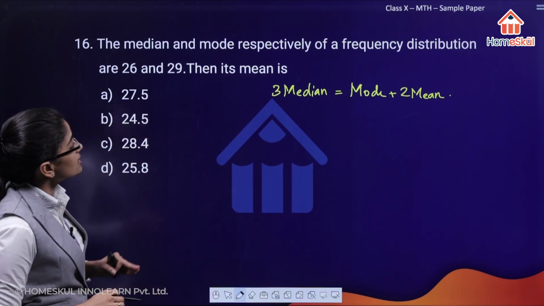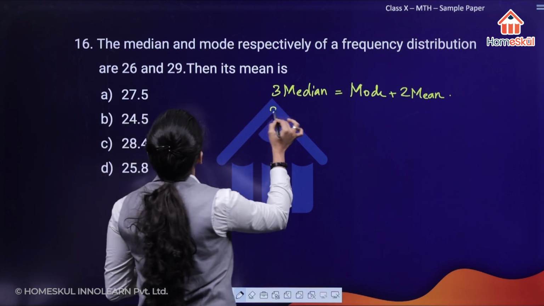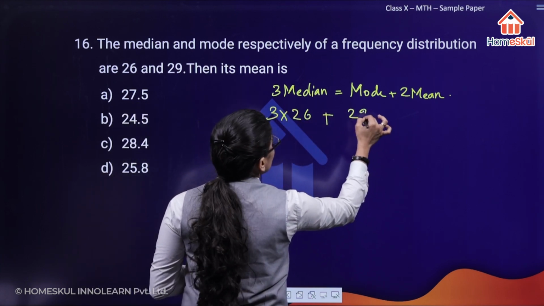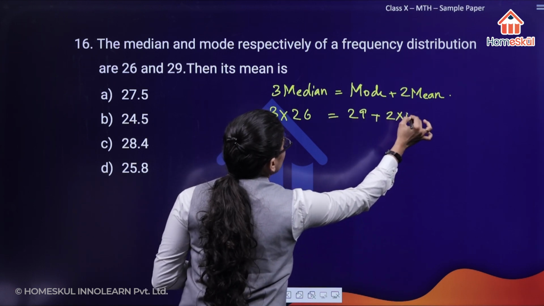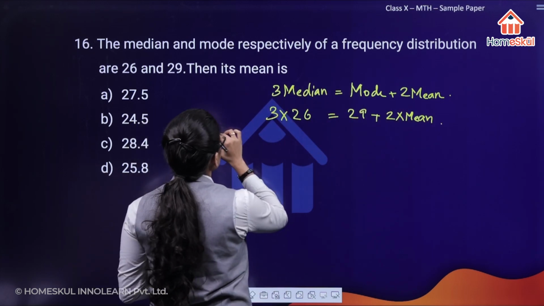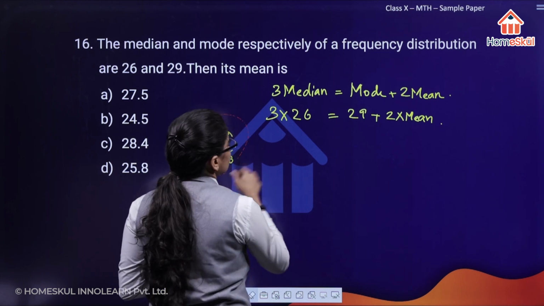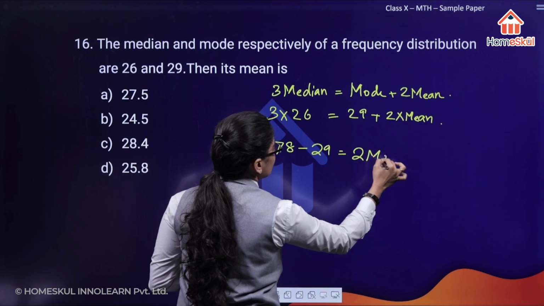Here median is given, which is equal to 26, and mode is equal to 29. So 3 into 26 is equal to 29 plus 2 into mean. 26 into 3 is 78, isn't it? So 78 minus 29 is equal to 2 mean.